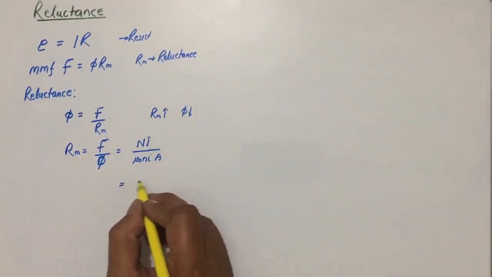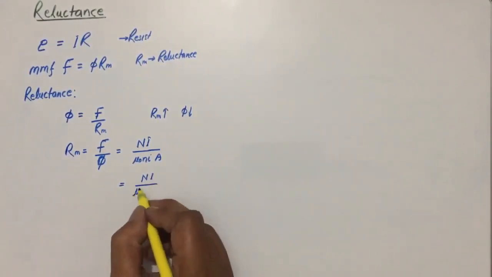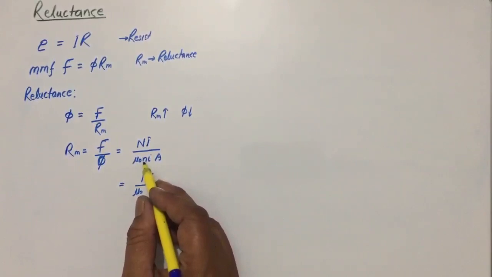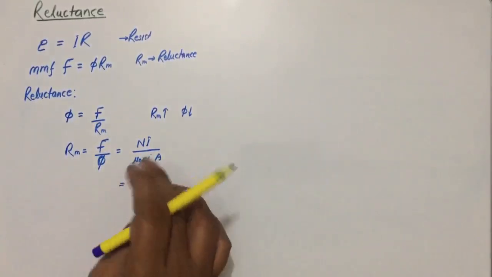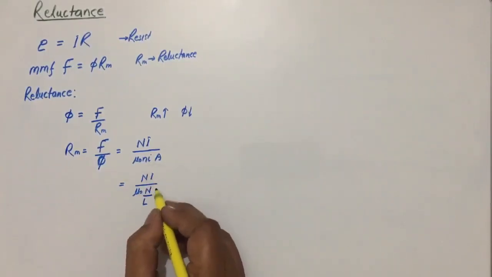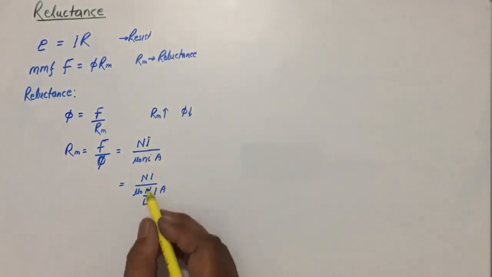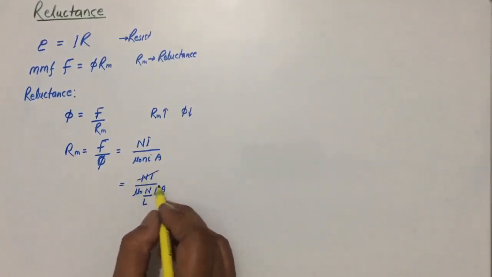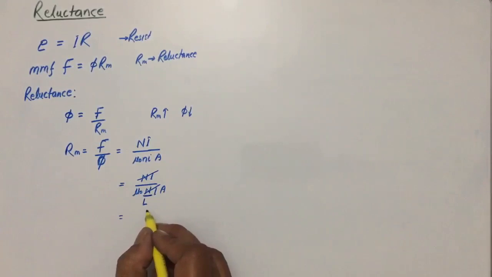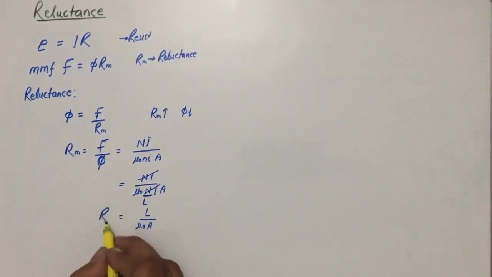After further simplification, we have Ni mu naught; this can be written as the total number of turns divided by the length, N by L, I, A. Both I we can consider the same, and from here we can cancel out these two terms and the net value will be L divided by mu naught A. This is Rm.